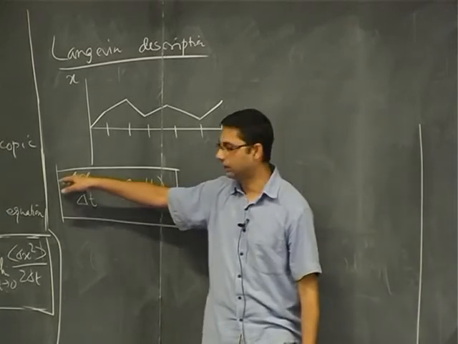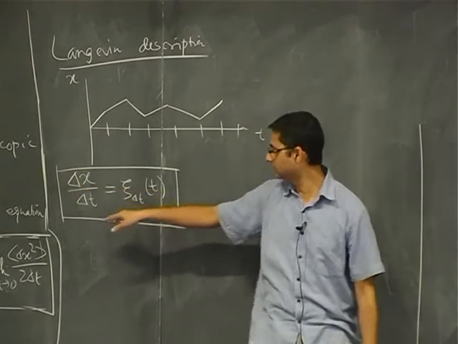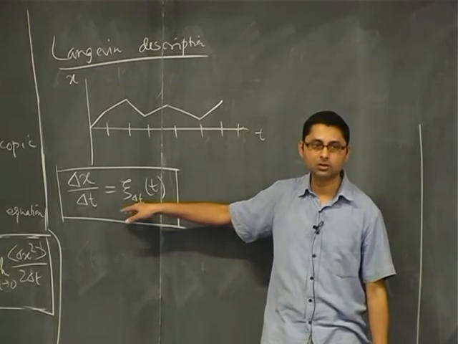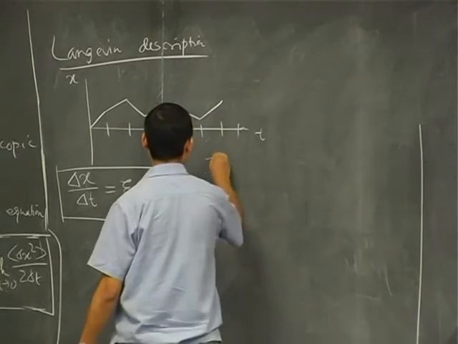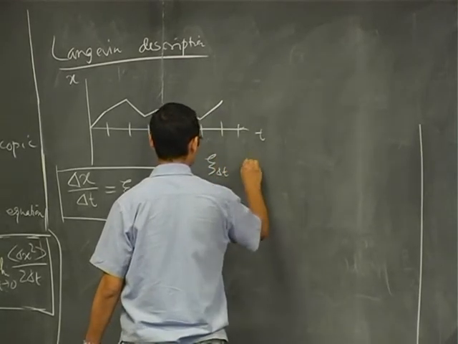Since delta x is Gaussian, therefore the noise is also Gaussian.